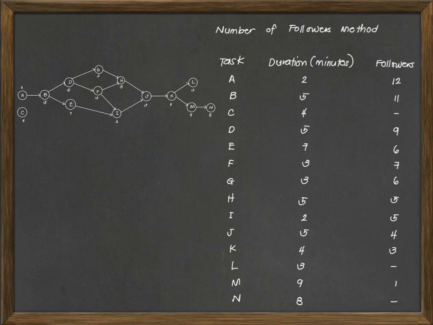We simply count the number of followers for each task, and then sulat lang natin siya on that third column. Now, the number of followers method works like prioritizing the task na may pinakamaraming followers. Okay? So, let's proceed with the solution.